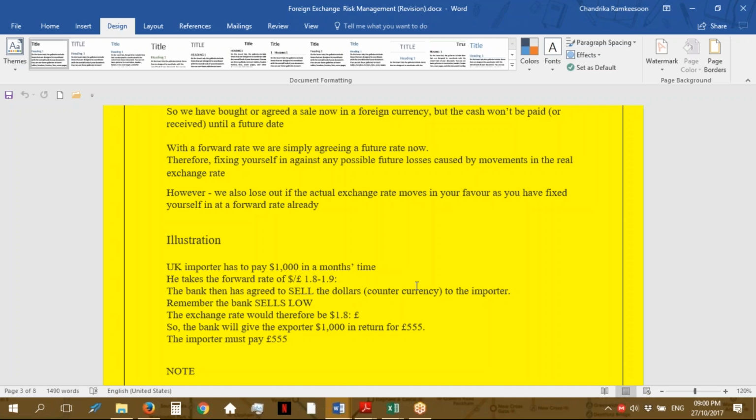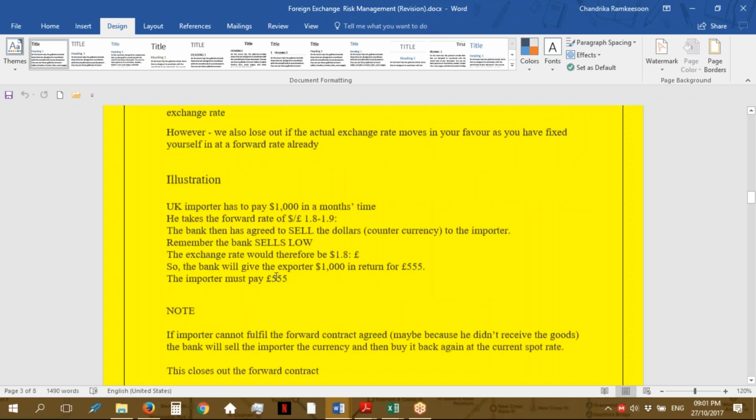What if the rate moves so much that the component cost actually skyrockets? You see, so there's a commercial advantage in that respect as well, not just purely removing the uncertainty, but an important byproduct of the removal of the uncertainty is the fact that we can also set our prices with more certainty.